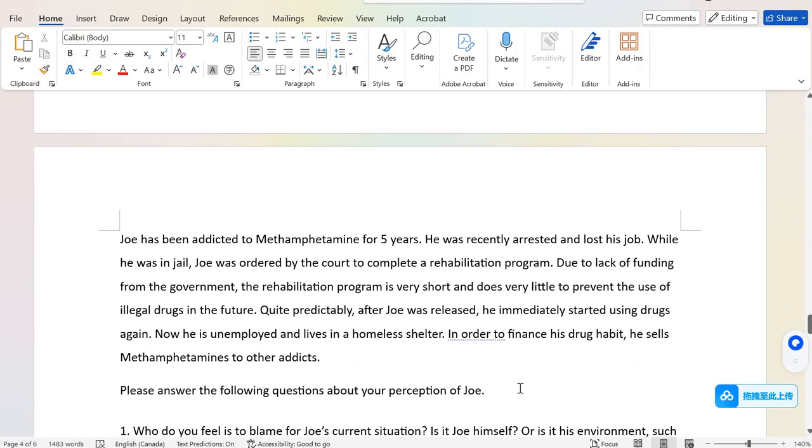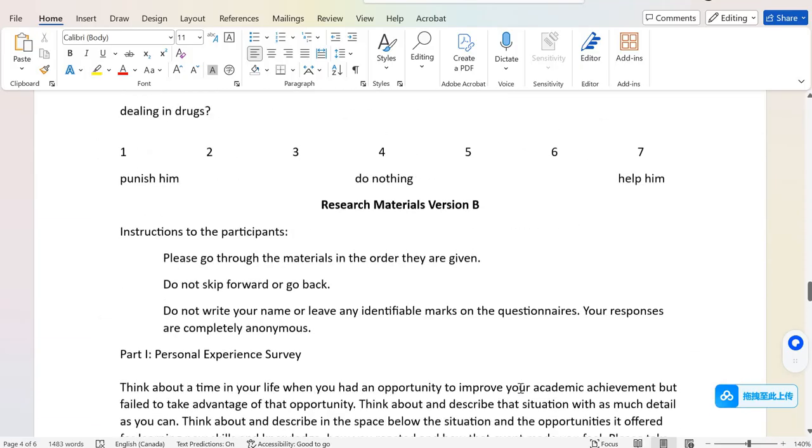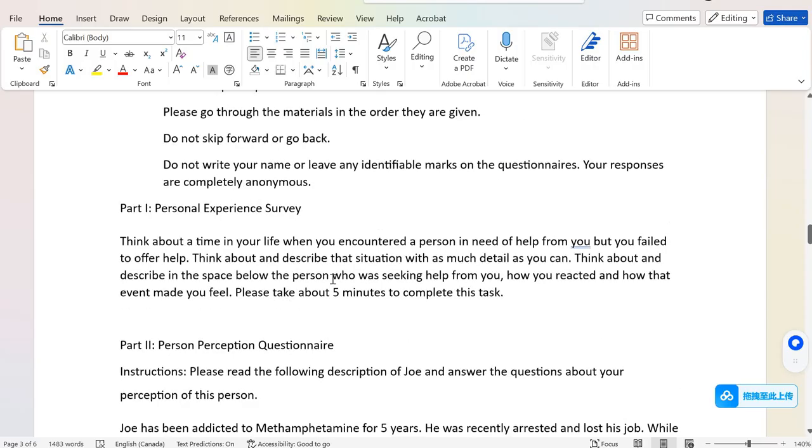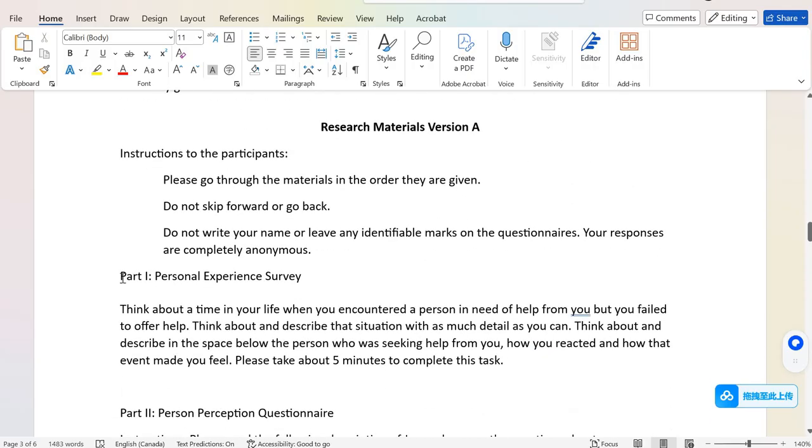Version A. In version A, the participants thought about their own failure in helping people. They were undermined. They thought about a personal deficit in helping.